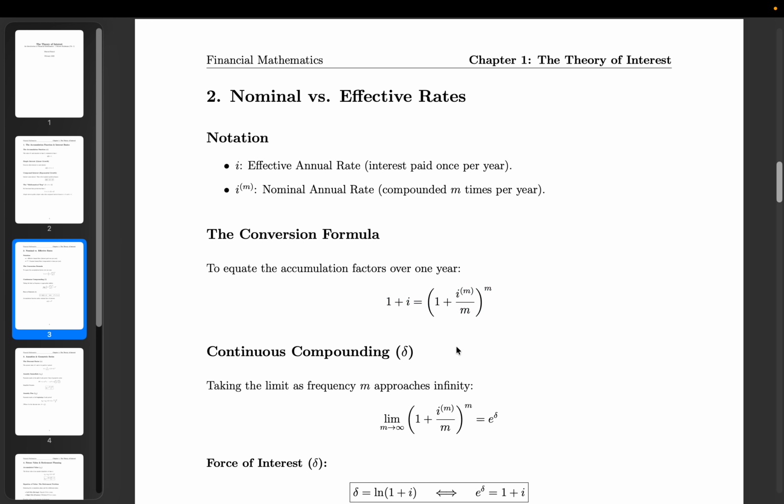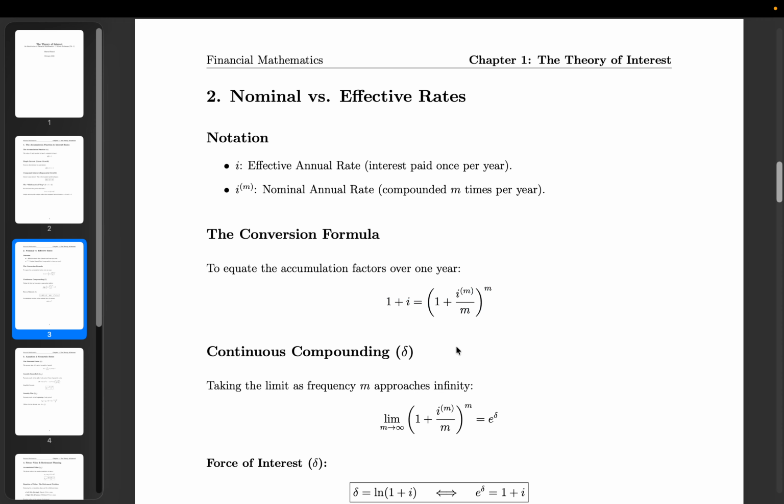This equation is the bridge between the marketing number and the real number. As m, the frequency of compounding, increases from annually to monthly to daily, the effective rate i goes up.